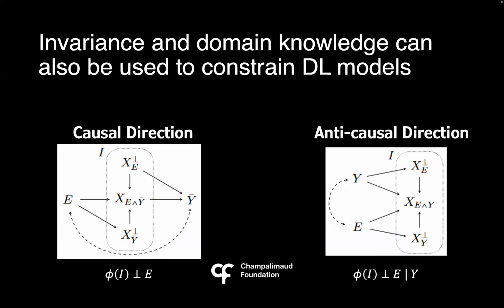If we go to the anti-causal direction, let's imagine that we are trying to predict a mutation. So the mutation is likely going to cause something on the image.